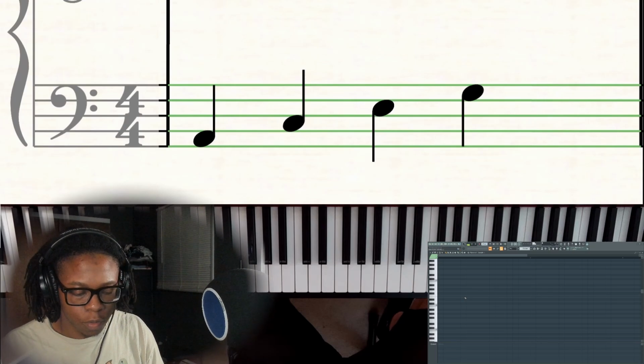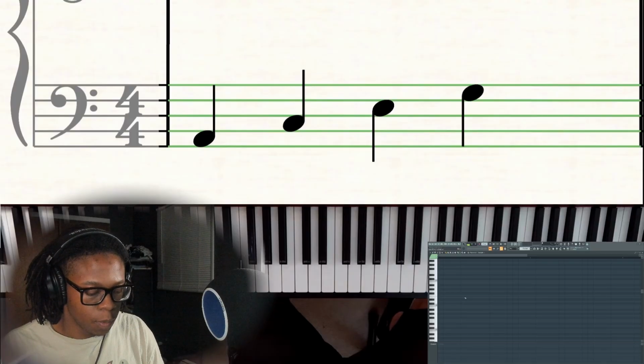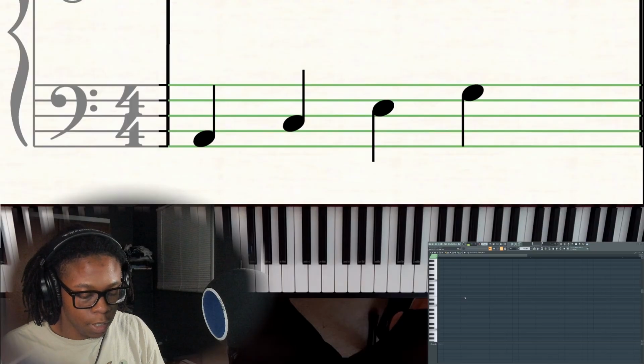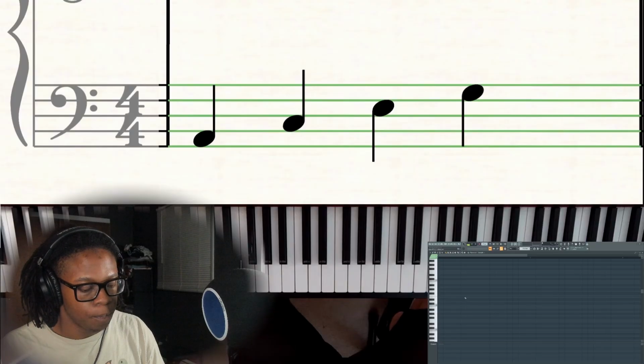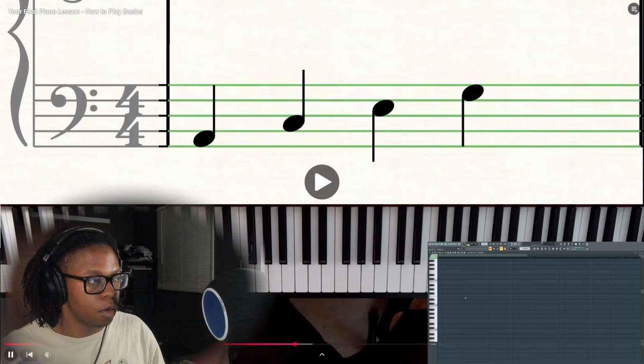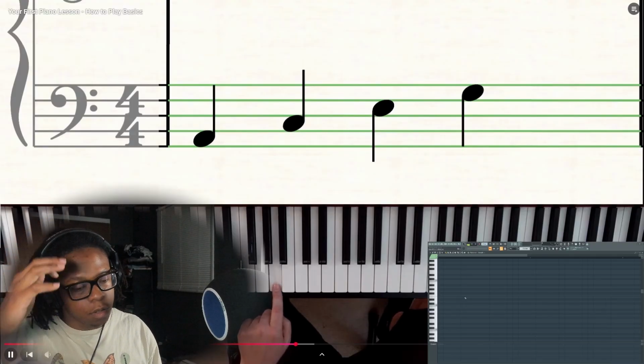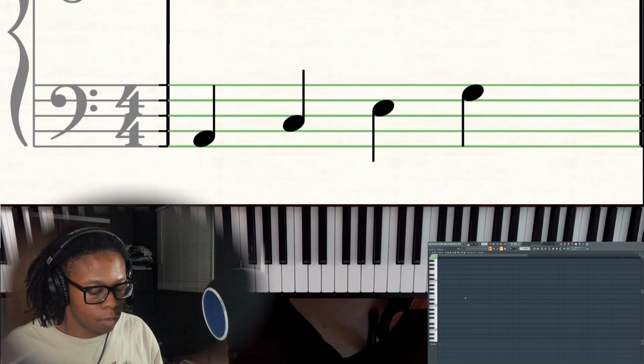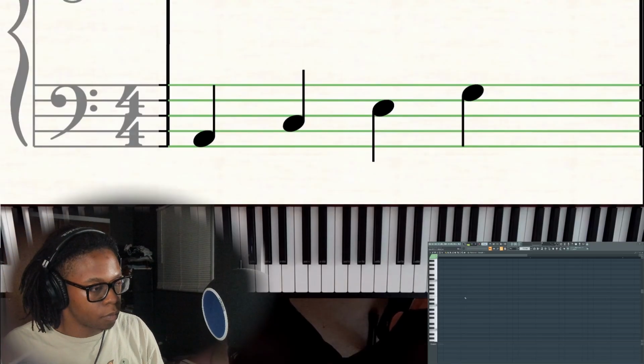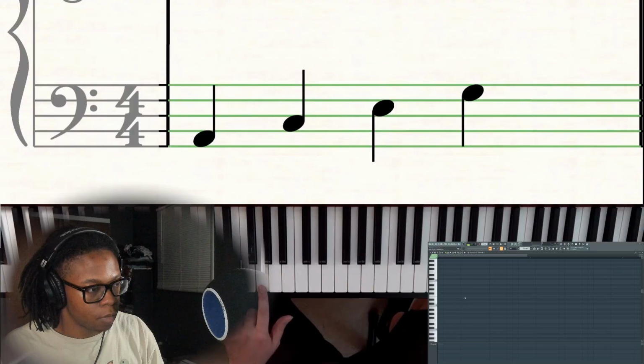So then it'd be A, C, E, G. I believe so. Lines are here, G, B, D, F, A, and then spaces are just one note up, and you skip every other note. A, C, E, G, or all cows eat grass.